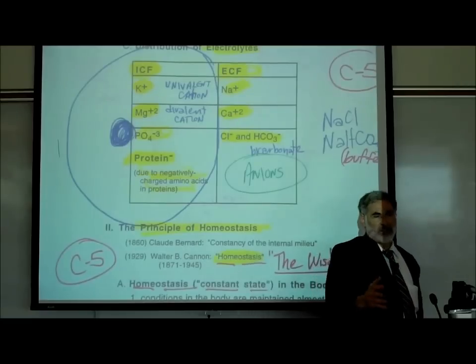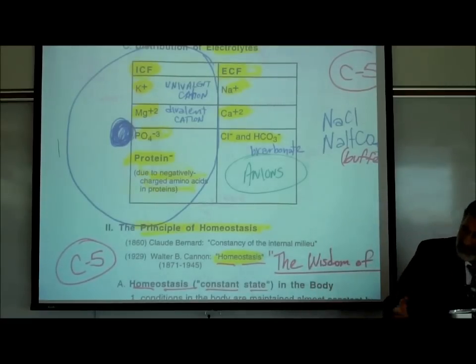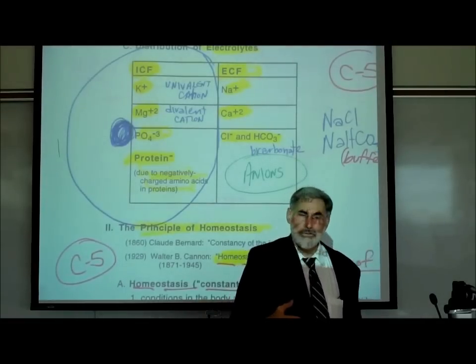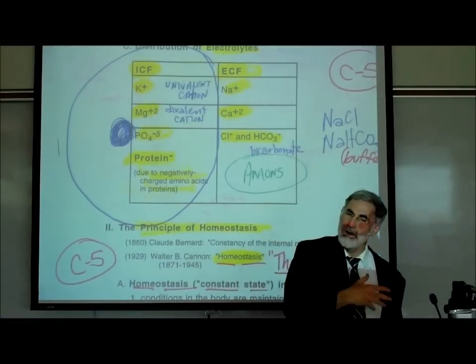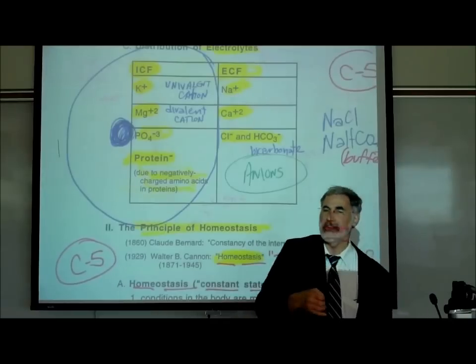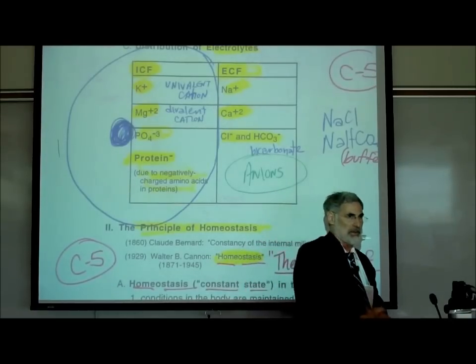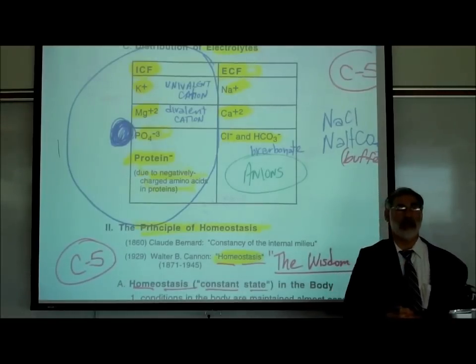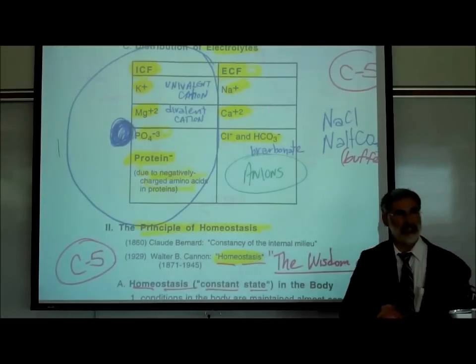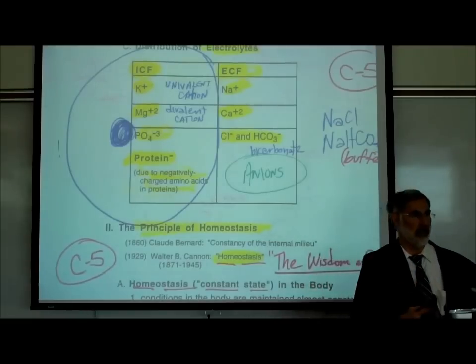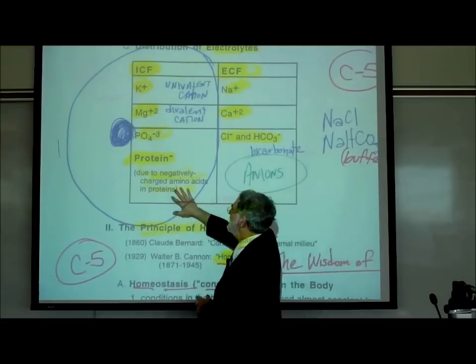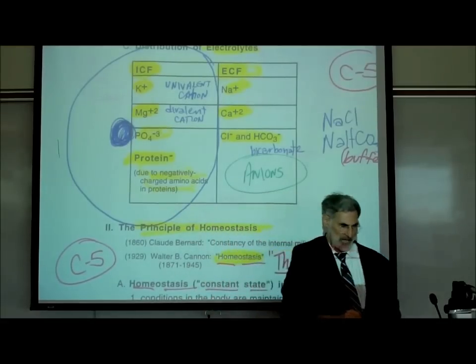Some amino acids have a positive polarity, some have a negative polarity, and overall most proteins have more amino acids with a negative polarity, so overall they have a negative polarity. We'll talk more about that later in the course when we talk about electrophoresis, where proteins move towards a positive pole in an electrophoretic device. So most proteins have an overall negative polarity.